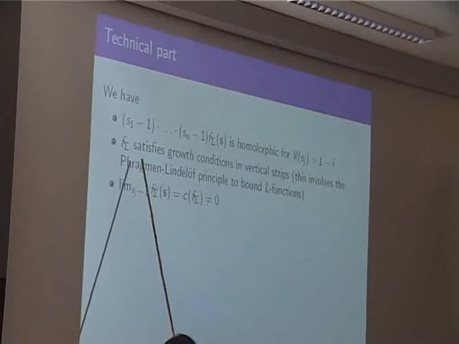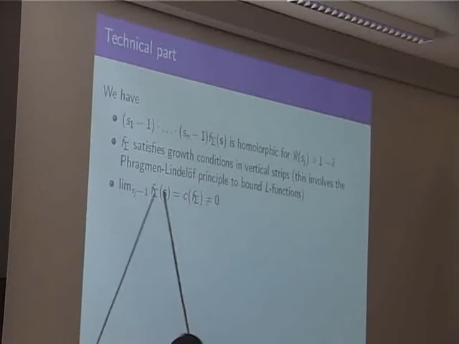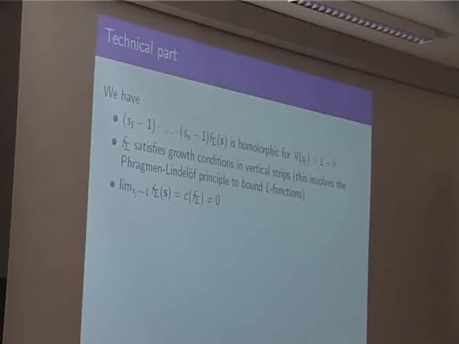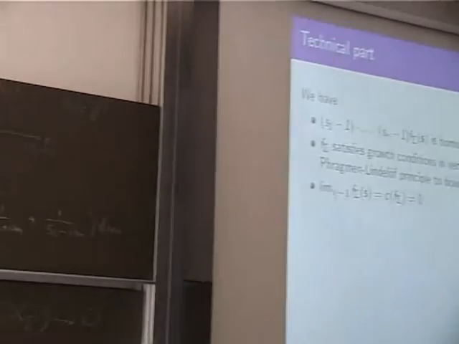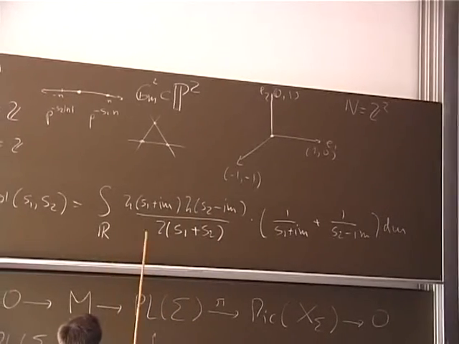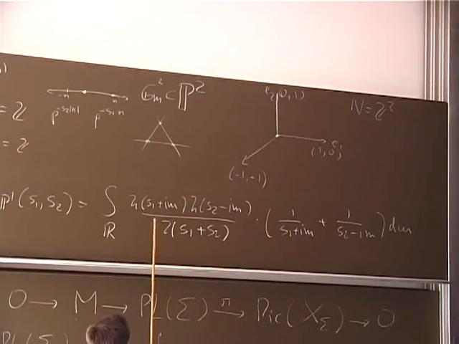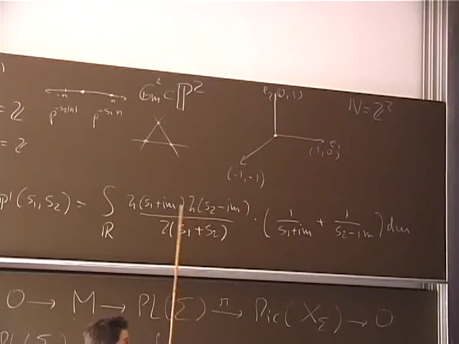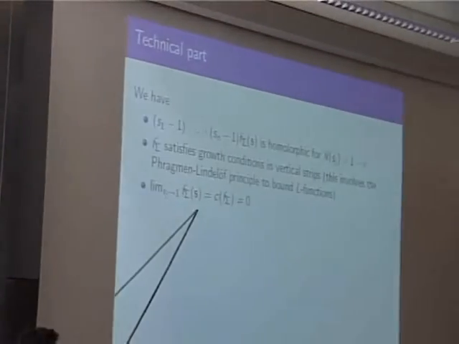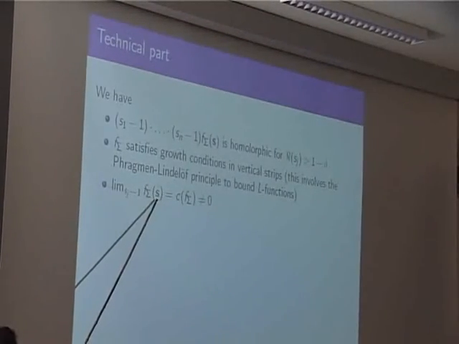But moreover, you also have growth estimates which come from Frank and Lindemann. So we look at this expression and we take out the poles s1 minus 1 and s2 minus 1 that we write in here. And then what's left? Well, it satisfies certain growth estimates. And then we also need to understand the constant at these poles, the leading constant.